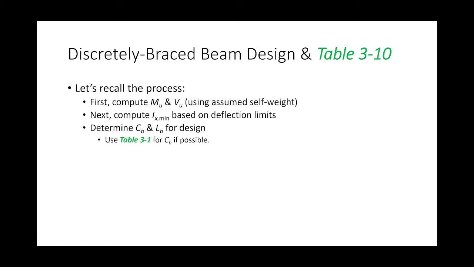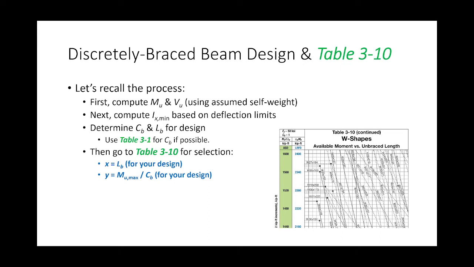If possible, I'd like to use table 3.1. If you have an odd loading scenario and table 3.1 isn't going to work, you could just do some structural analysis and compute CB yourself. We had a homework dedicated just to that, but hopefully we can use table 3.1. Then we go to table 3.10 for our design.